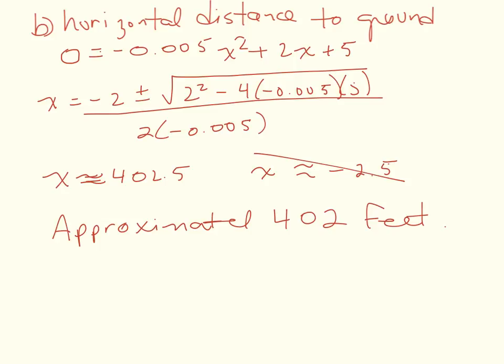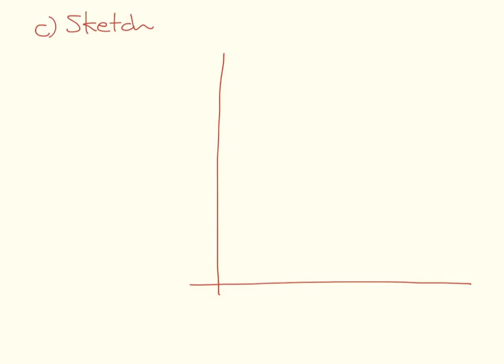All right, and the third question was to sketch the graph, and this will be a pretty rough sketch. If you think about what we already know about this graph, we know that its vertex is at (200, 205). We know that the x-intercepts, well, the one is at 402 feet, and there's also a -2.5 approximately.